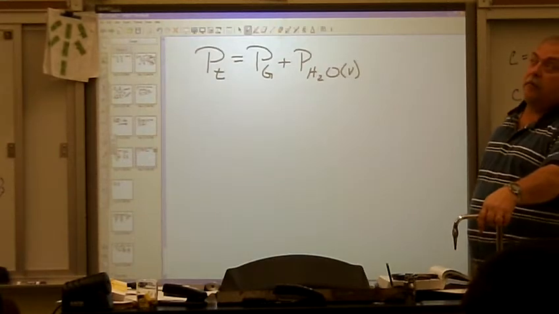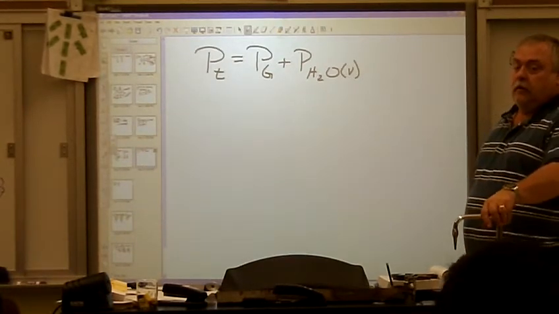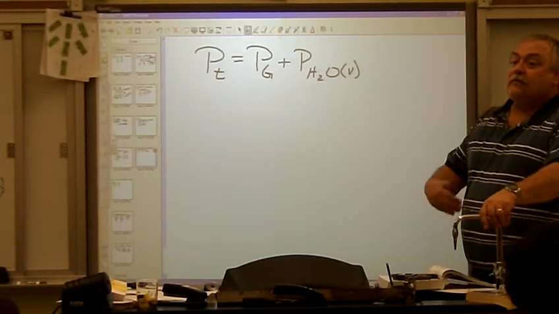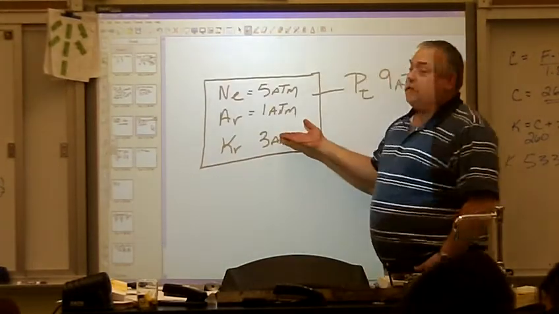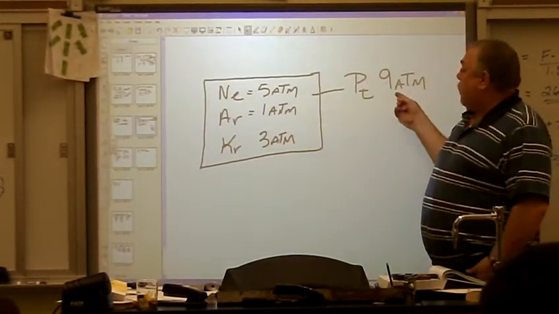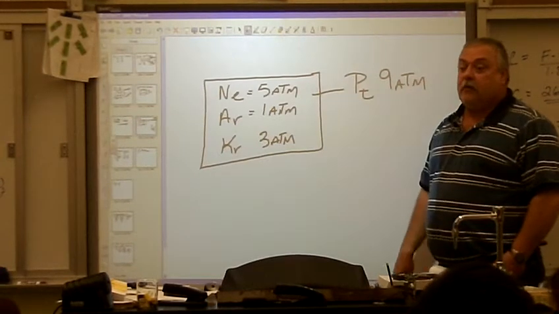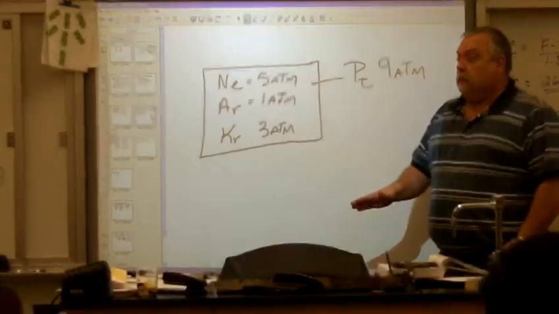The sum of the individual pressures of each gas. Which makes sense, hopefully, to you because of that thing I did right here. Total pressure is always equal to the sum of the individual parts. That's it. No matter what.